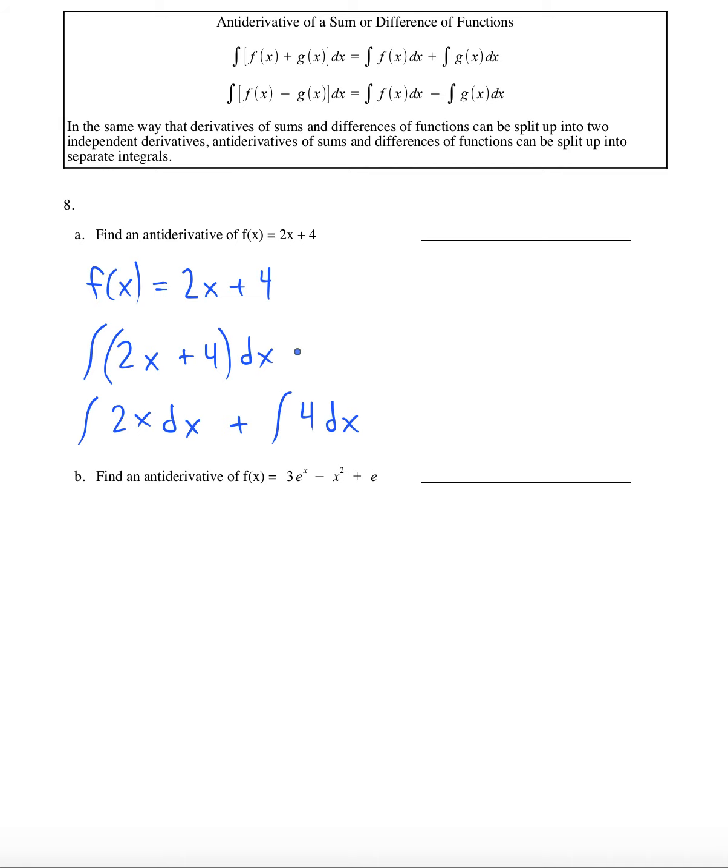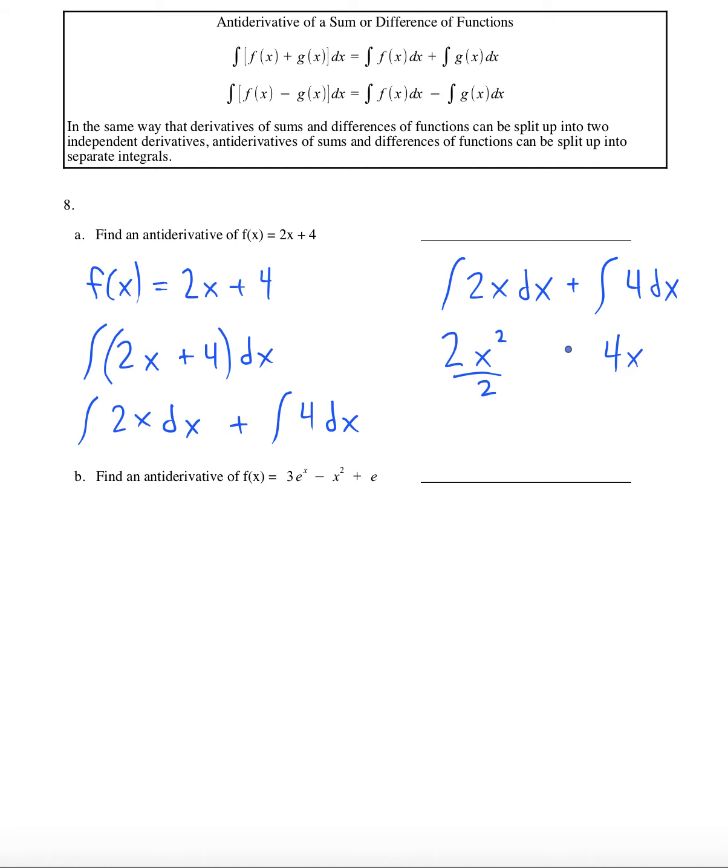So the antiderivative of 2x, according to all the rules we've looked at so far, will become 2 times x squared over 2. Okay, and then over here we want to find the antiderivative of 4. And according to rules we had looked at in the past, that would become 4x.